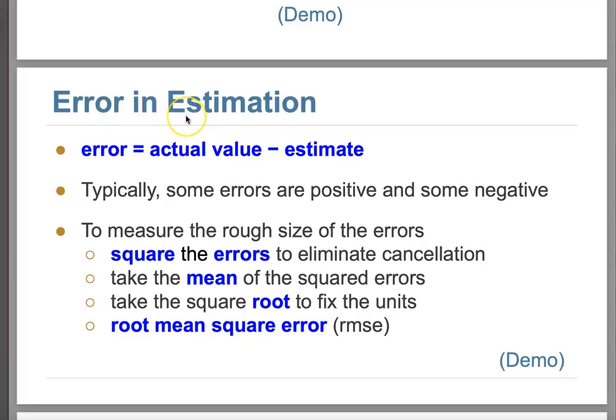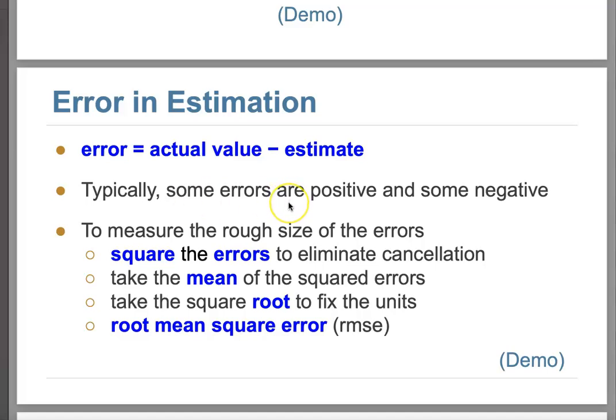When we have an error in estimation, it is the actual value minus the estimation. The actual value is of course y. Your estimation, according to your regression line y equals ax plus b, is the estimated y. We subtract each other, and that's our error. Typically, error can be positive or negative.